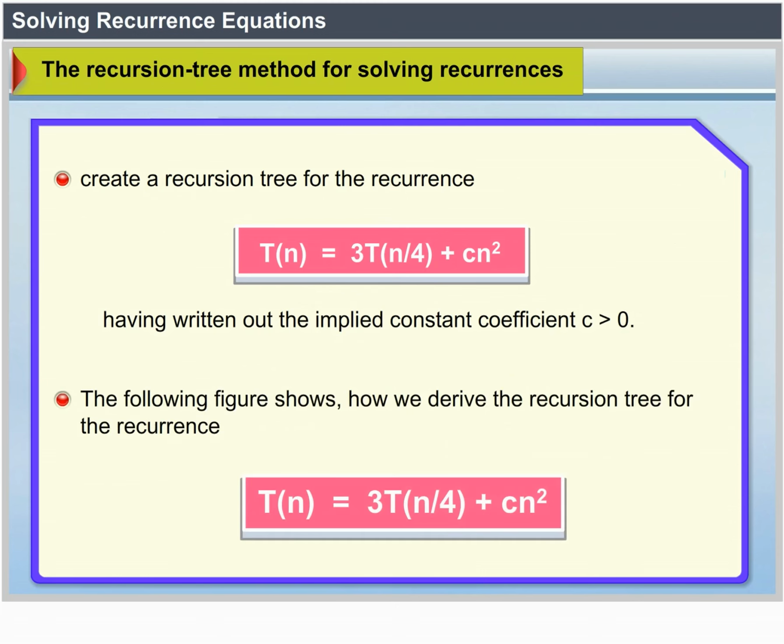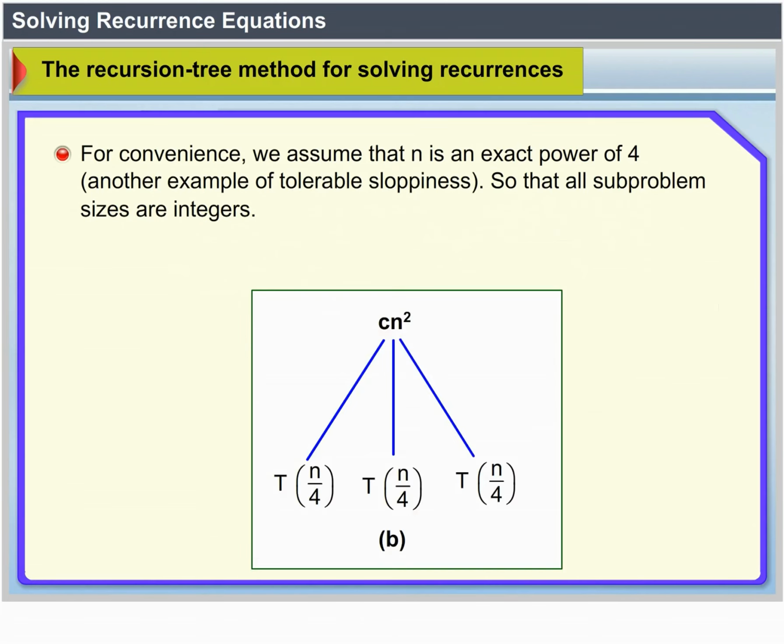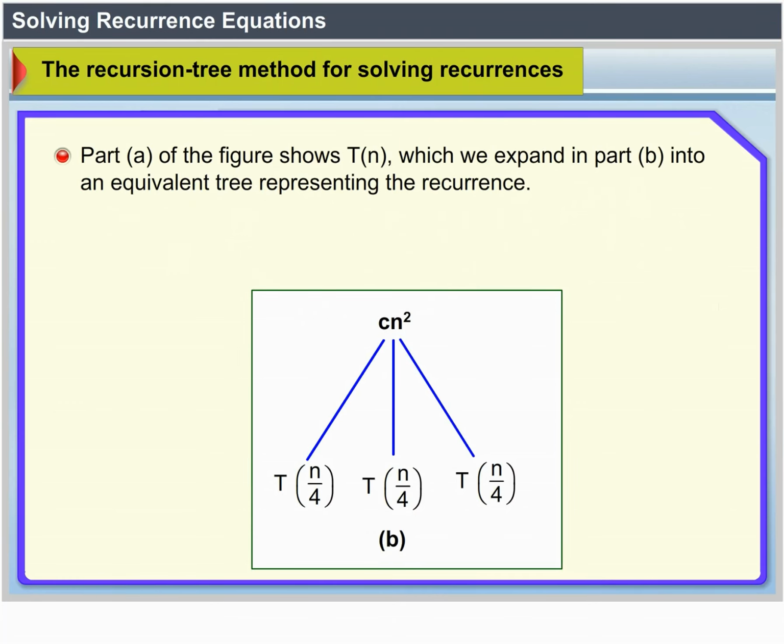For convenience, we assume that n is an exact power of 4, another example of tolerable sloppiness, so that all subproblem sizes are integers. Part A of the figure shows T of n, which we expand in Part B into an equivalent tree representing the recurrence.